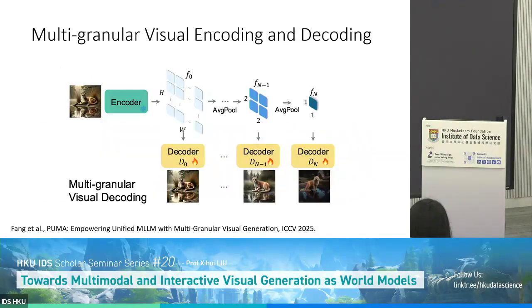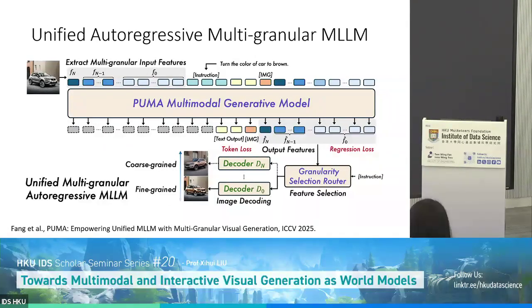We explored having a hierarchical structure for the features. Given the CLIP encoder, we can have a hierarchy of features from fine-grained to coarse. Then the multimodal generative model generates the features from the coarse-grained feature to the fine-grained feature, and the diffusion decoder can select which level of feature we like for the generation task.